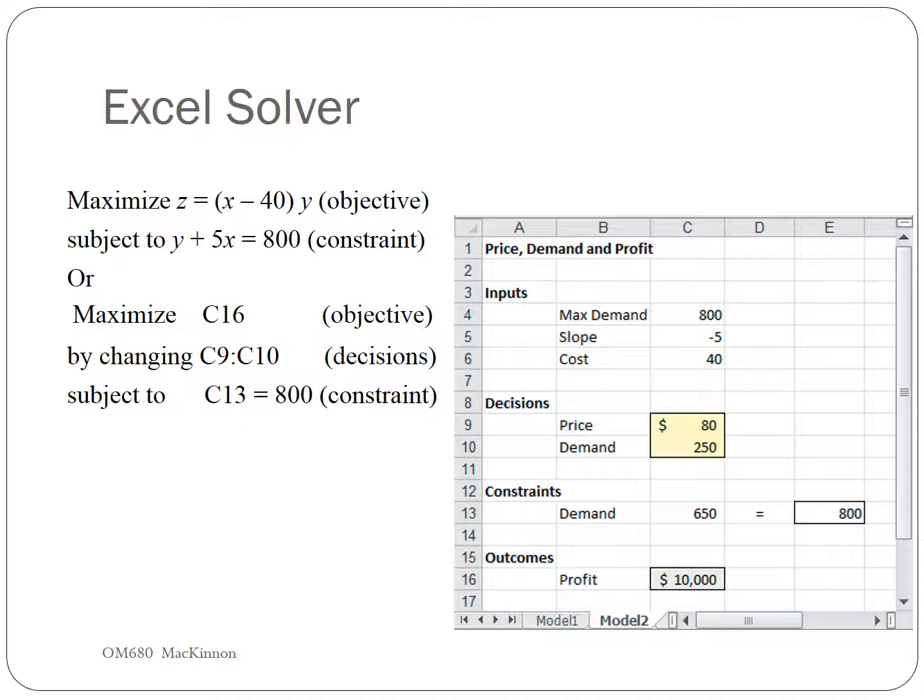In terms of spreadsheet terminology, we want to maximize C16 by changing C9 and C10, subject to this constraint, so that the demand curve is satisfied. So our C13, when we find the optimal price, will equal 800.